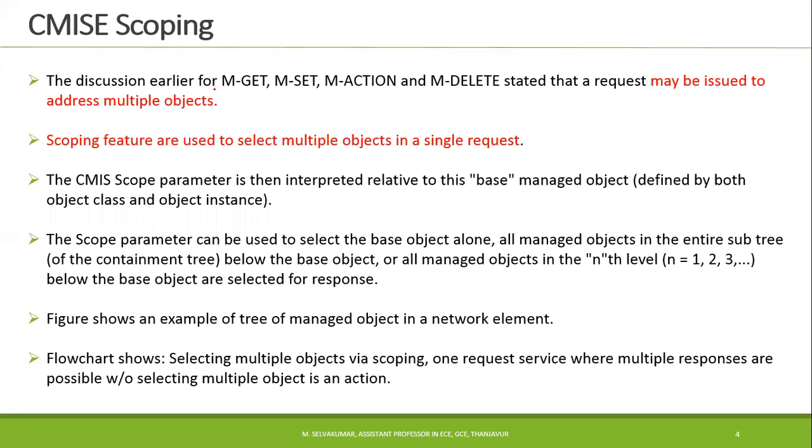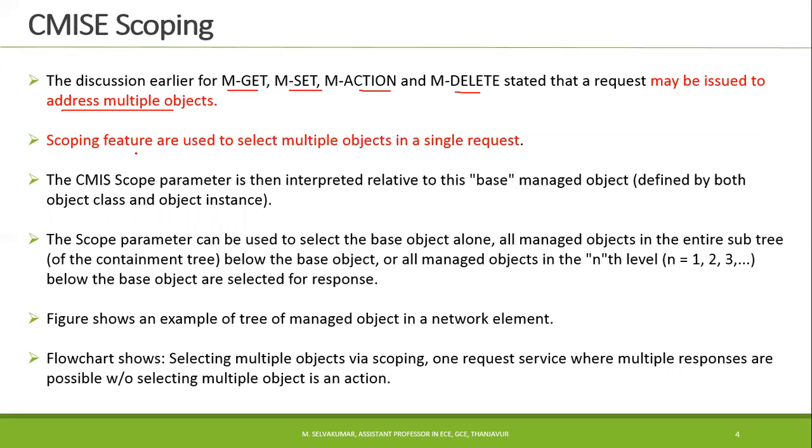As discussed earlier, the services are M-GET, M-SET, M-ACTION, and M-DELETE. A request may be issued to address multiple objects via scoping. By using scoping, these services can get information from multiple objects.